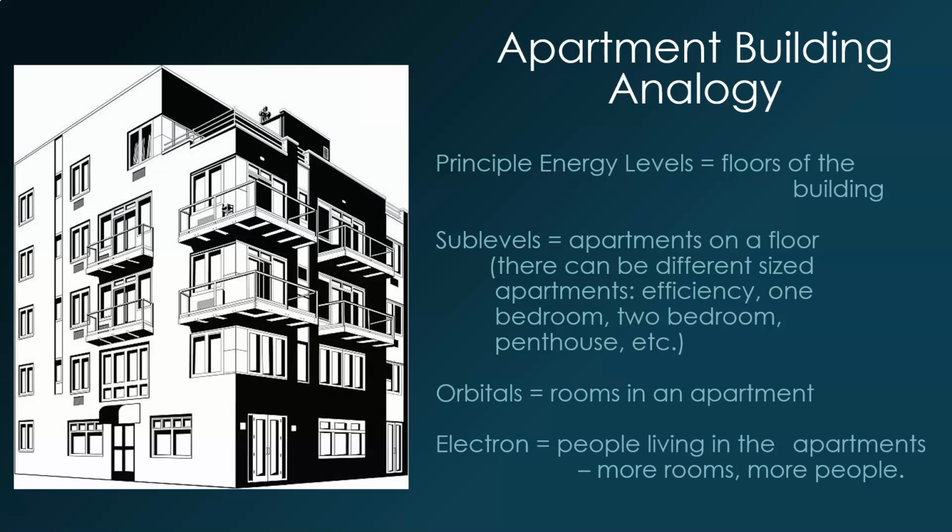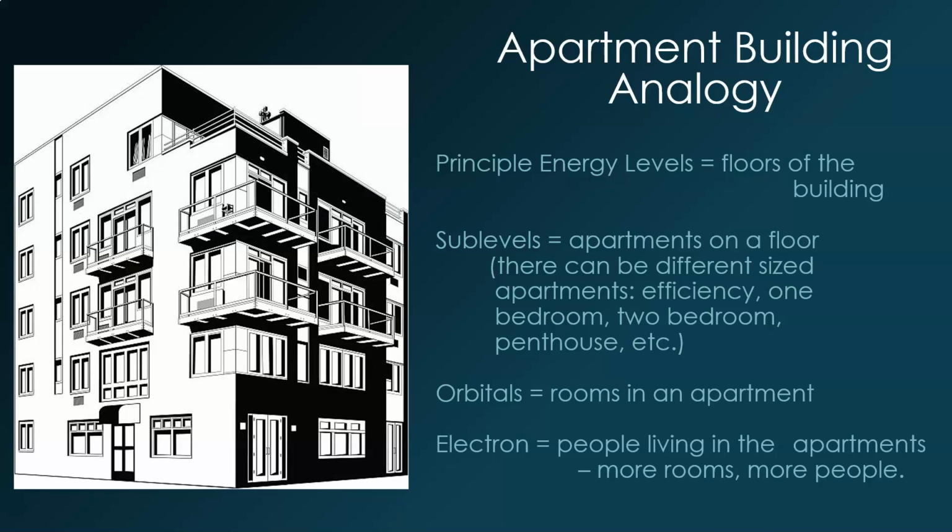Well, within those apartments, because they're different sizes, you have a different number of rooms. Think of the orbitals as being the rooms. In a small apartment, you only have a couple rooms. In a big apartment, you have a lot of rooms. Same thing as sublevels. Smaller sublevels, fewer orbitals. A bigger sublevel, more orbitals.